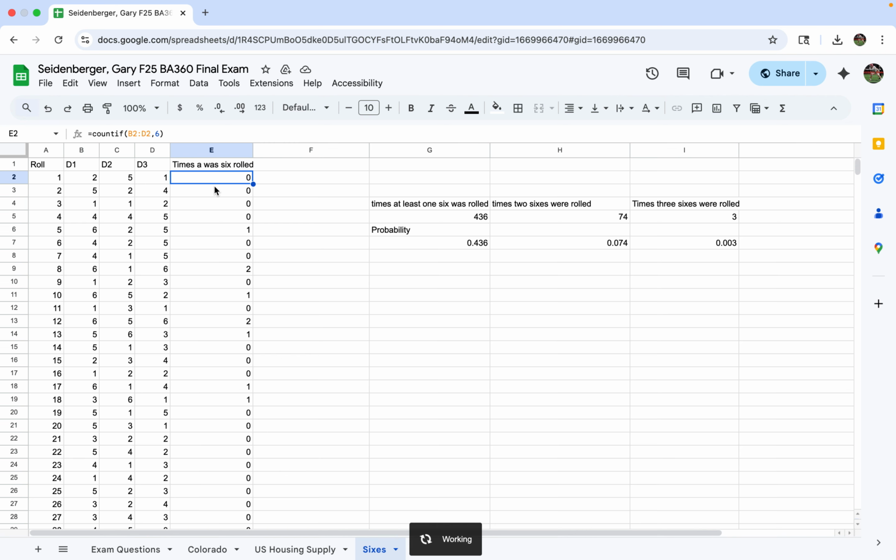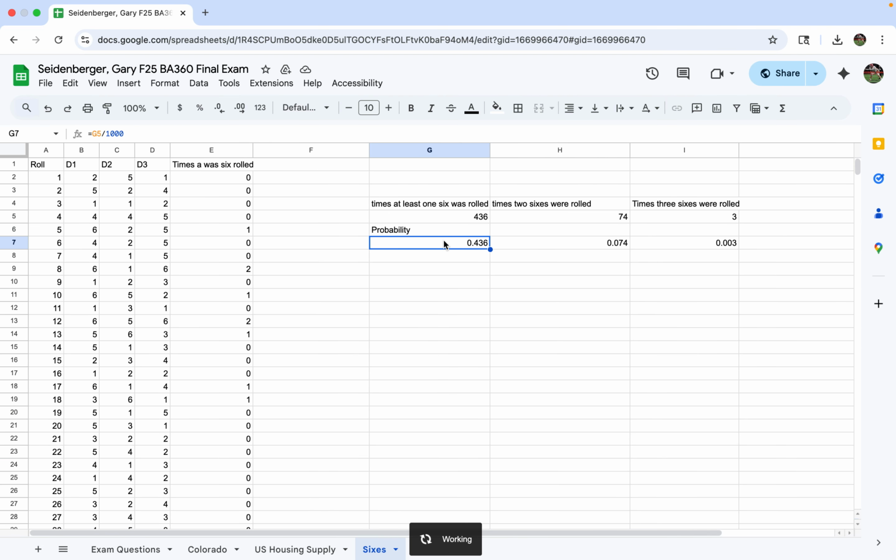In this column, those values are anywhere from 0 to 3. And then to find the number of times at least one six was rolled, I used the COUNTIF function to count the number of times at least one six was rolled in this entire trial, which was 436 or around there. It'll vary.